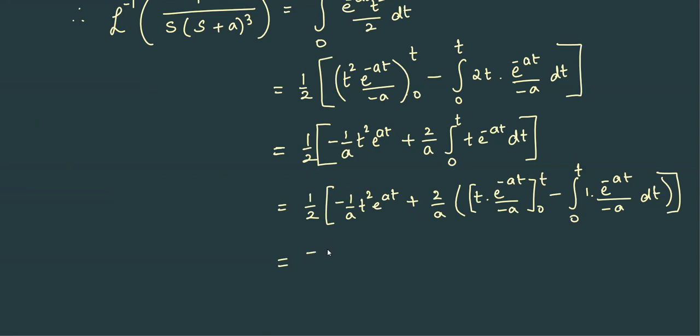So when you multiply, we get minus 1 by 2a t square e power minus at plus.